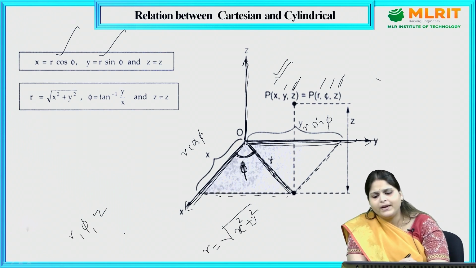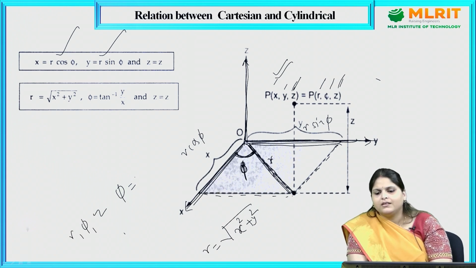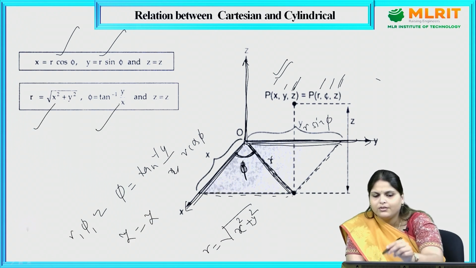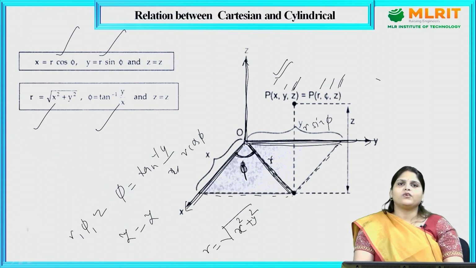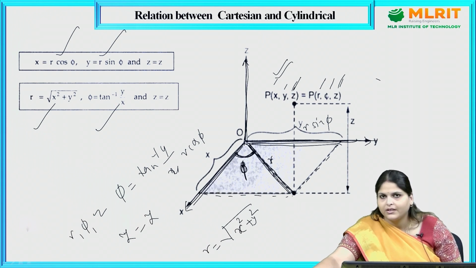And if I want to find this angle, I can write r sin phi by r cos phi, or you can write it as y by x. So by inversing you get phi equals tan inverse of y by x, and z equals z again. So that is how we can transform Cartesian to cylindrical and cylindrical to Cartesian. So this is about the circular cylindrical coordinate system.